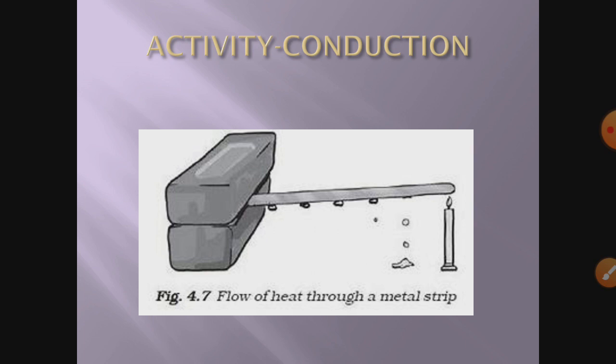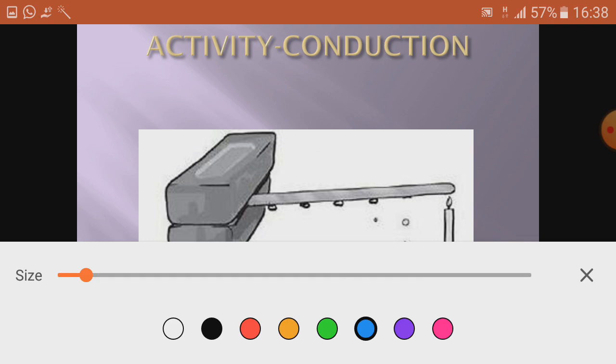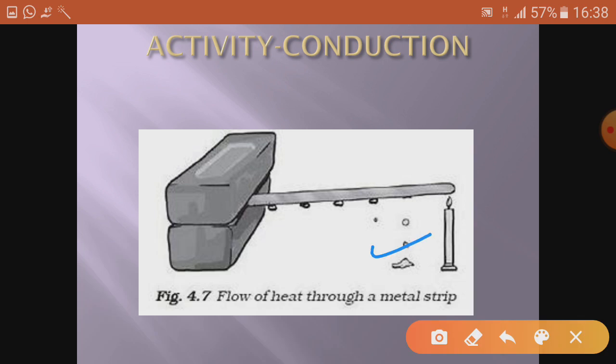So you can see the nail which is nearby the candle, it falls first. It means heat is being transferred along the metal rod, and because the first nail was nearby the source of the heat, it fell fastest, and then second, third, fourth, and so on.